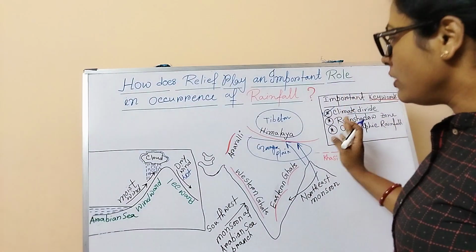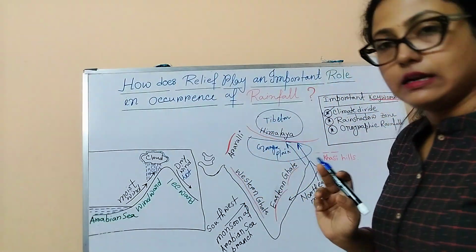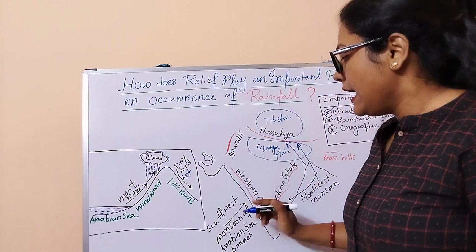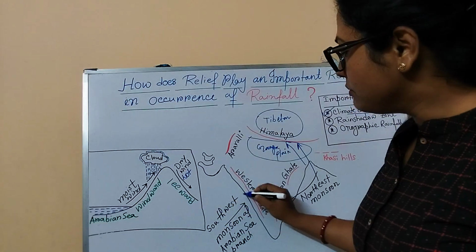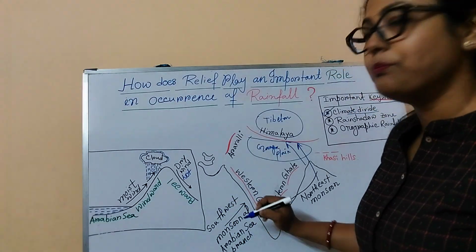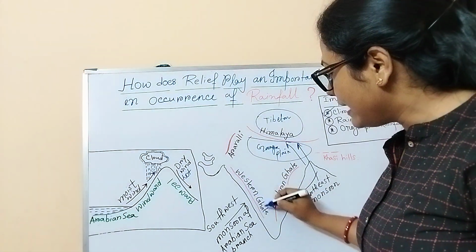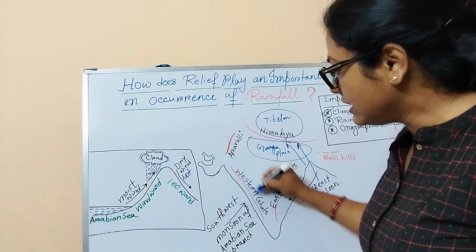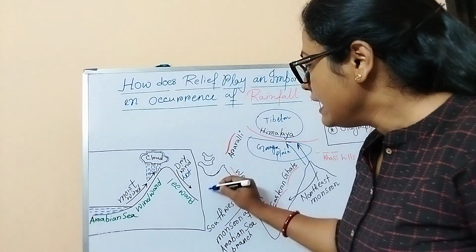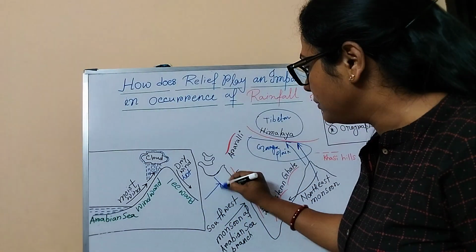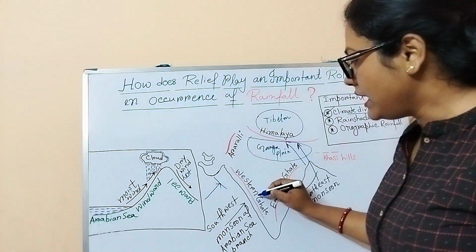Okay. Now I am coming to Western Ghats. What happens? When the southwest monsoon winds of Arabian Sea branch enter India, it strikes against the Western Ghat, because Western Ghat and the monsoon have a perpendicular pattern. As a result, what will happen?